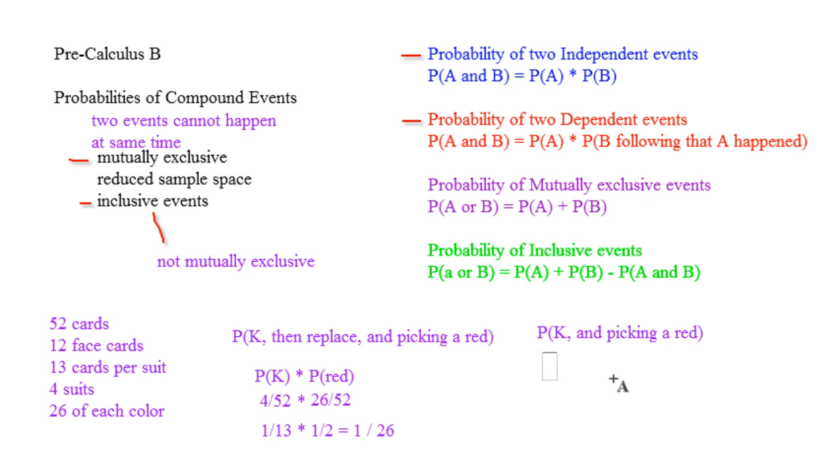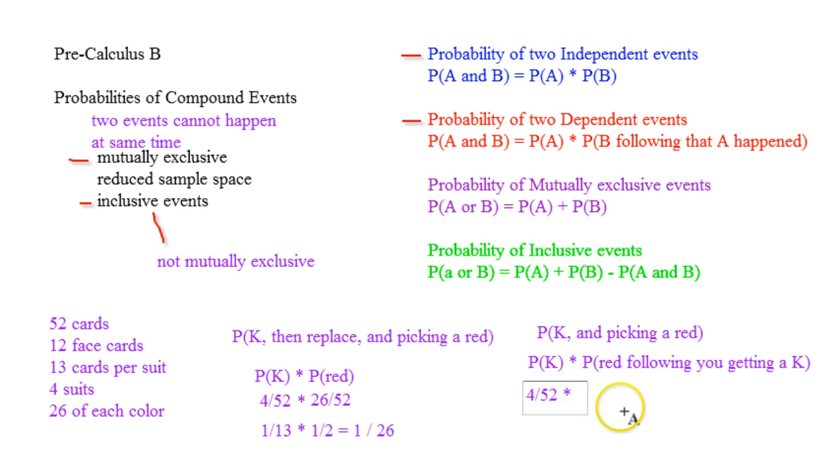You're going to do the probability of getting a king first, then you times it by the probability of getting a red card following you getting a king card. So that probability is actually changed right there. If we go back to this, the probability of getting a king would be 4 out of 52. That makes sense.